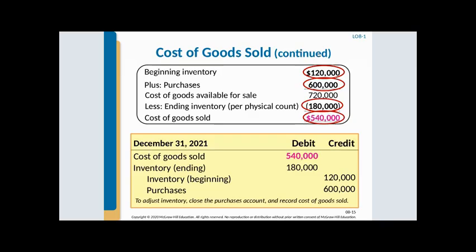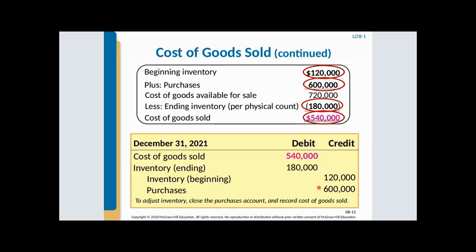So now we're ready to do our final journal entry, at the end of the year or at the end of the month. However we're doing this calculation, we are going to debit our cost of goods sold, debit our ending inventory, get rid of our beginning inventory, and then credit purchases.